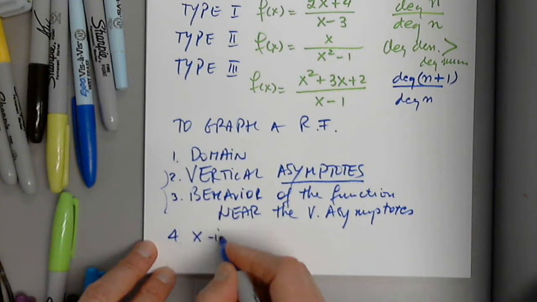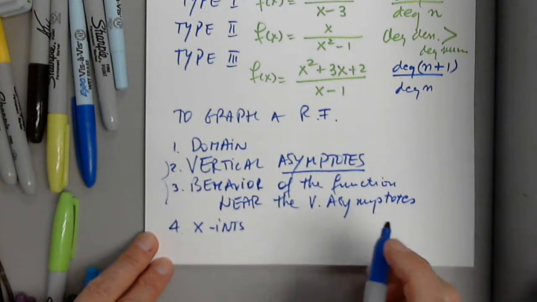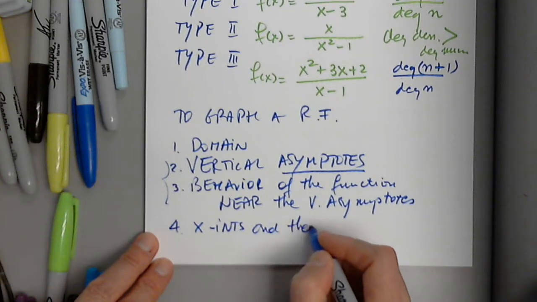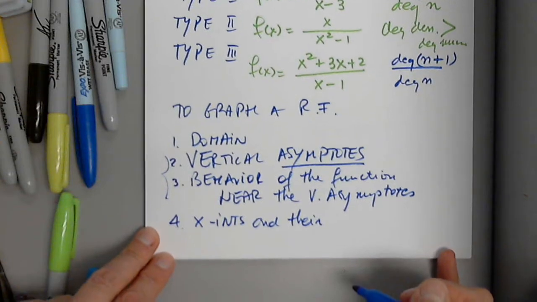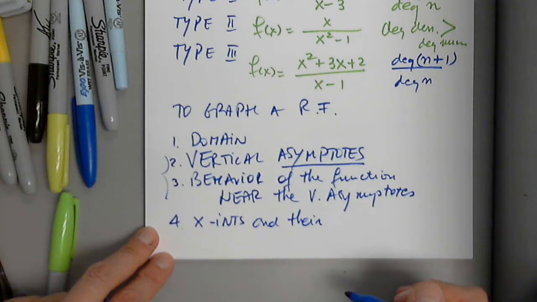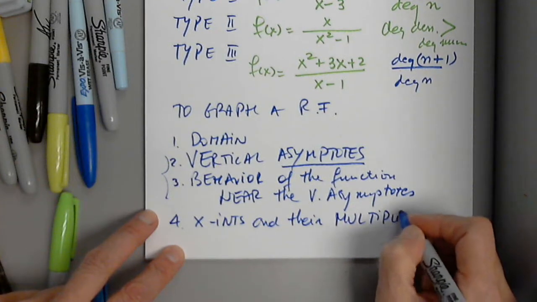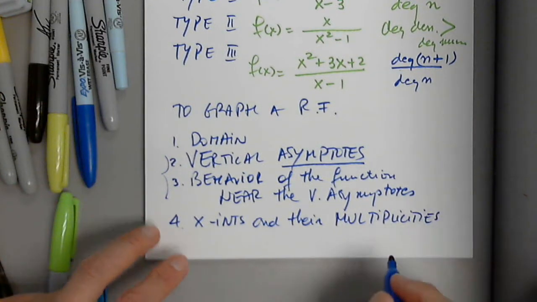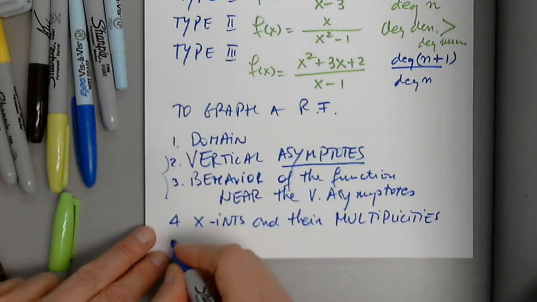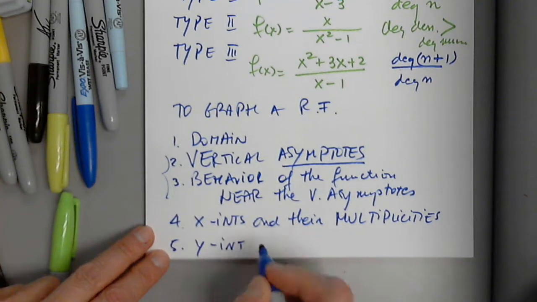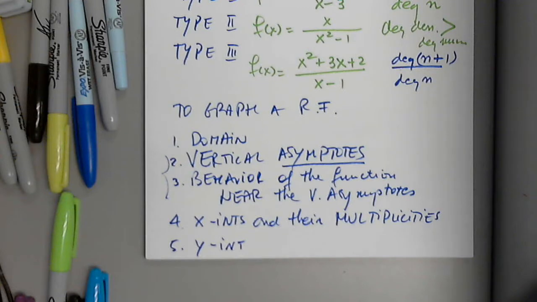4, x-intercepts and their multiplicities. It may happen or not. 5, y-intercept. So let's stop for a moment and go back, and the list continues. So domain, vertical asymptotes, behavior of the function near the vertical asymptotes.